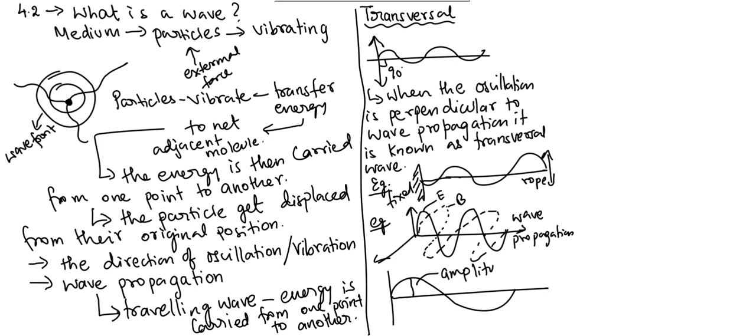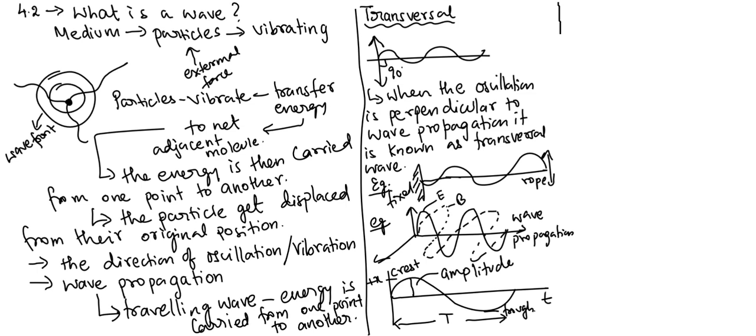Okay, this peak, top, the positive displacement side, is called your crest, and this is called your trough. Now if I am measuring in terms of time, then the time taken for this one oscillation is called your time period.